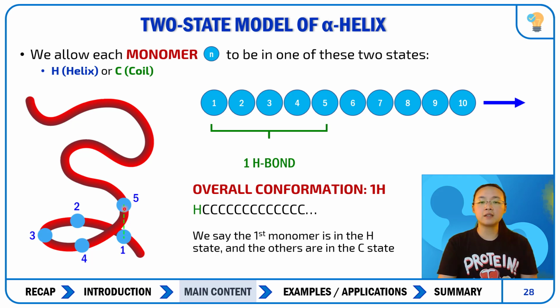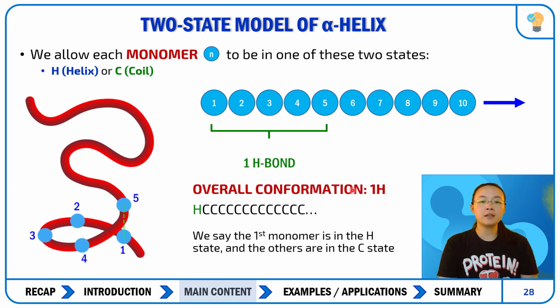And we can represent this in sequence form as well, like this, or like this, with an overall conformation of 1H. So note that there is going to be one hydrogen bond and that it's connected between the first monomer and the fifth monomer. And in order to write this down as a sequence, we say it's H, CCC repeated for however many monomers you have.